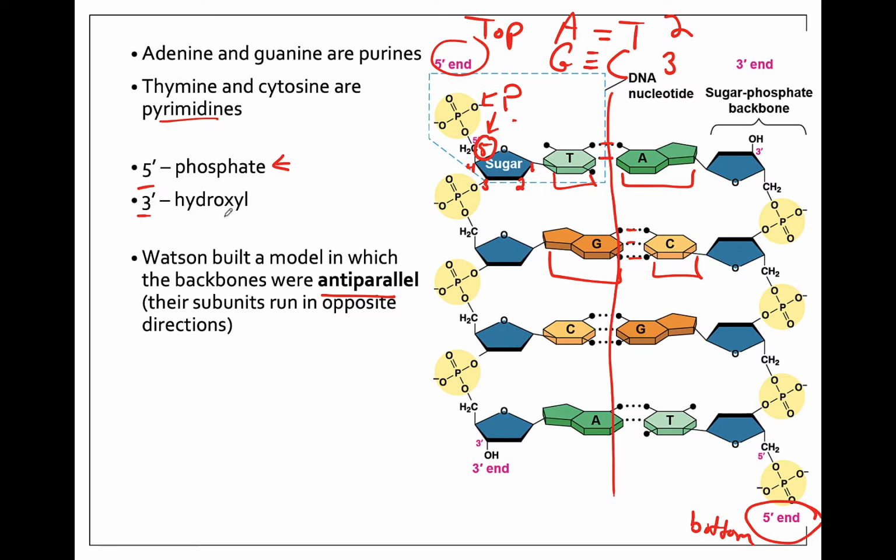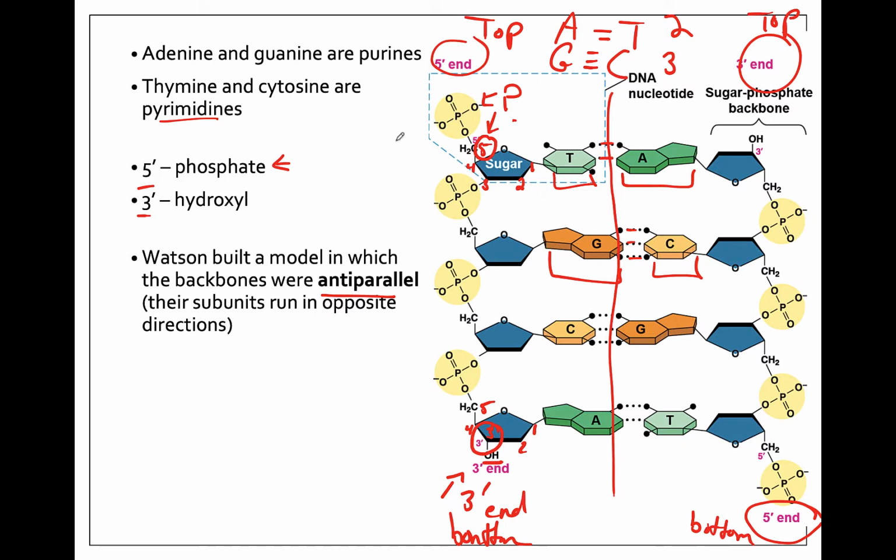The 3' end has a hydroxyl group on the number 3 carbon. So again, 1, 2, 3, 4, 5. So this is the number 3 carbon, and it has a hydroxyl group on the end. So this is called the 3' end. So on the left, the 3' end is on the bottom, and on the right, the 3' end is over here on the top.